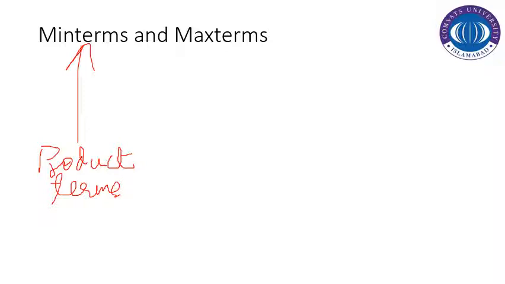As far as the max terms are concerned, max terms are known to be the standard sum terms, and max terms basically contribute 0 to the output of any function.